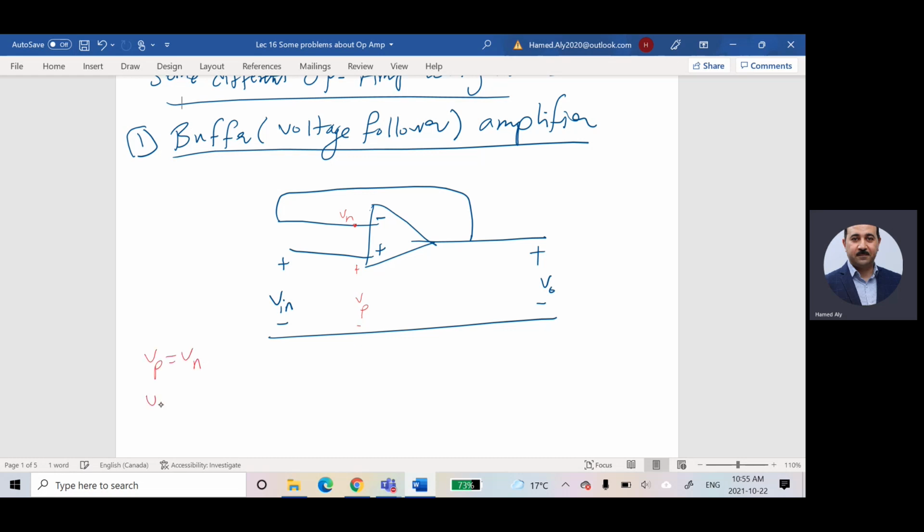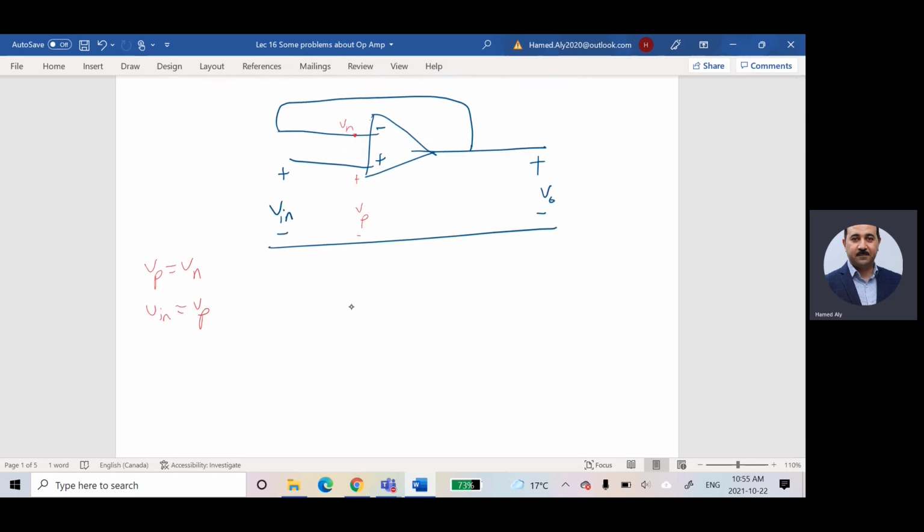Now, this voltage Vn is the voltage from that point to the ground. So what is the relation between V output and V input? Sorry, Vn. They are equal. So I can say V output is equal to Vn.